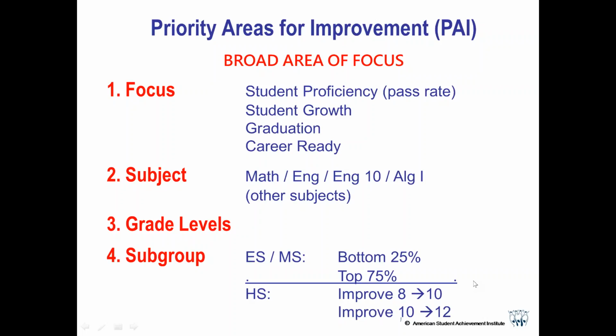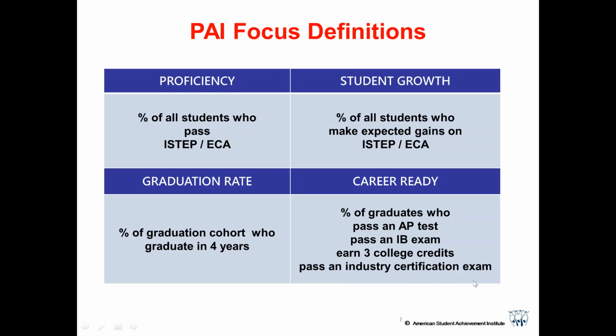What's the area that's of issue? So we want these broad goals to give us a general sense of what we're working on. So we know we're working on math. We're working on increasing pass rate in math on ISTEP. But now we have to get to this very specific level, and that will come in the SMART goals. So again, PAIs, very broad, give us a general sense of where we're going.